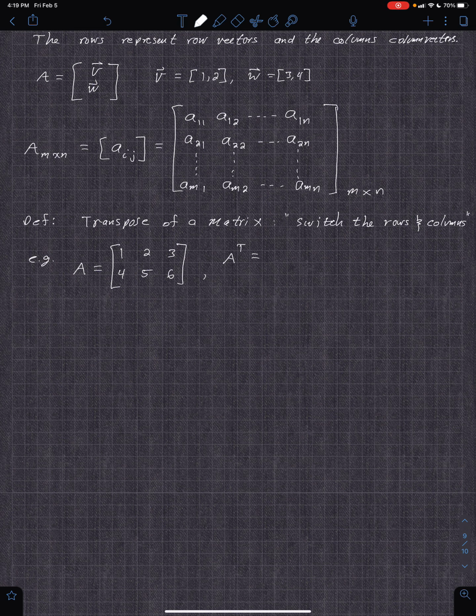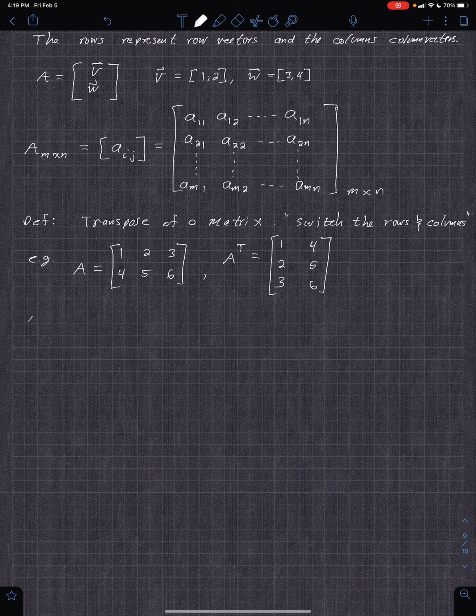So the first row becomes the first column. This row becomes the second column, like that. I like to just picture the row and put it down.